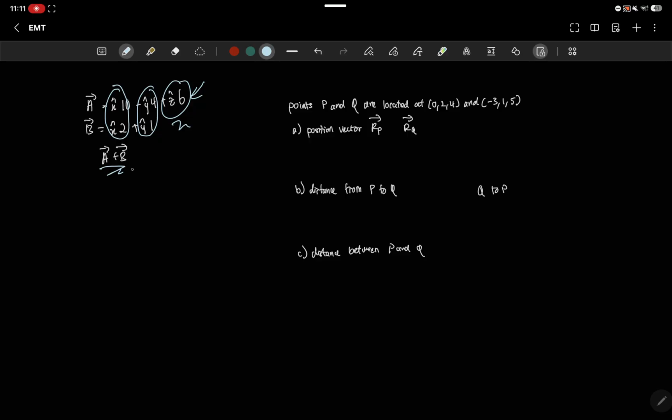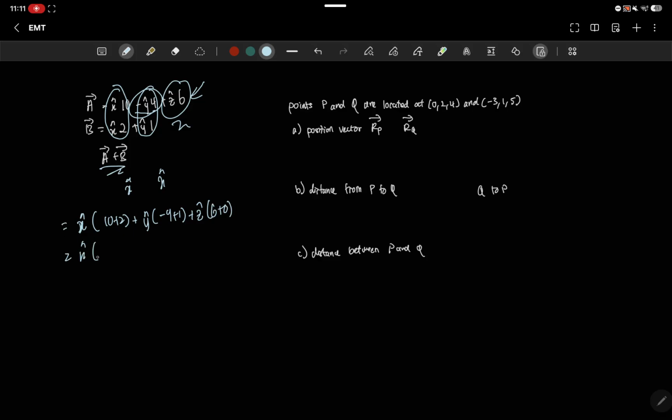You may write it behind or in front depending on your comfort, but the question has it in front, and you may also write the answer as it is behind. There are no certain rules, but if you want to follow the exact rule, just follow how the question has been written. For the x vector we have 10 plus 2, then the y vector is -4 plus 1, and our z vector doesn't have any pair, so 6 plus 0.